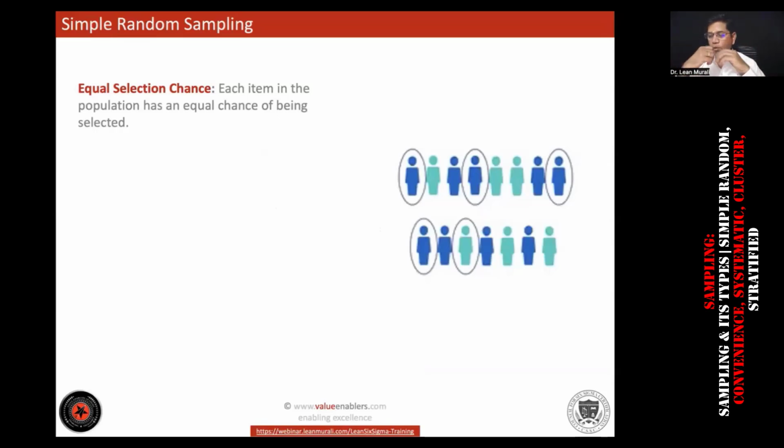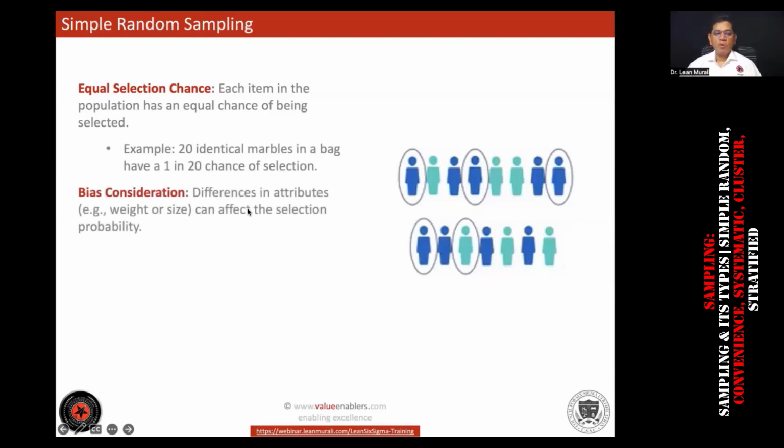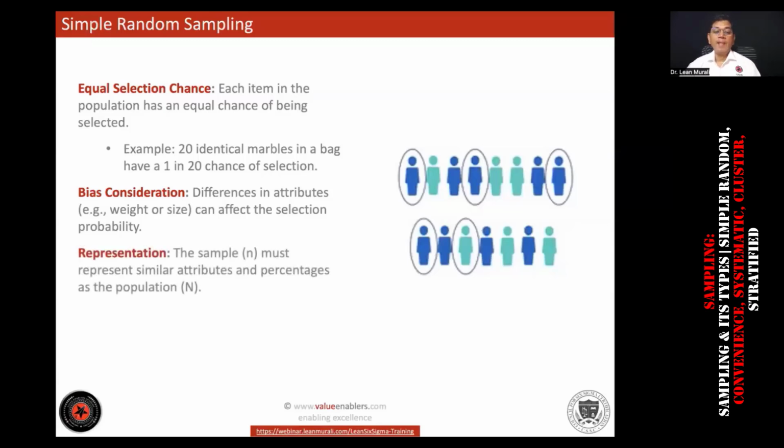It is like putting the names of all the people on pieces of paper in a hat, shuffling it, picking a few chits out of that and calling out the names. That is called random. Everyone has an equal chance of selection. There is no bias. We are not choosy about someone, and the sample must represent similar attributes and percentages as the population.